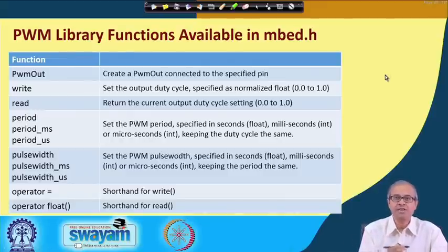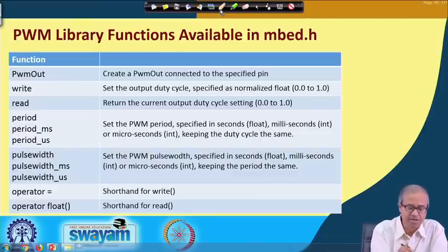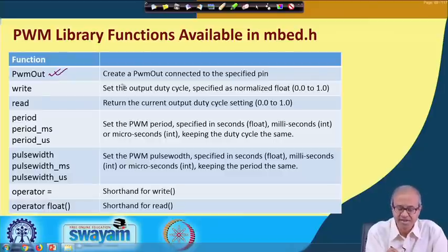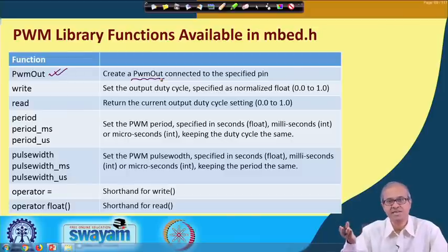So, let us look at the functions that are available as part of the PWM out library. I am just talking very briefly about it. This PWM out is, you can say, the class. This is an object oriented concept. This is the class which will be creating a PWM out interface connected with a specified pin, because on the Arduino interface we will be seeing there are many pins which are called D1, D2, D3, D4, D5.